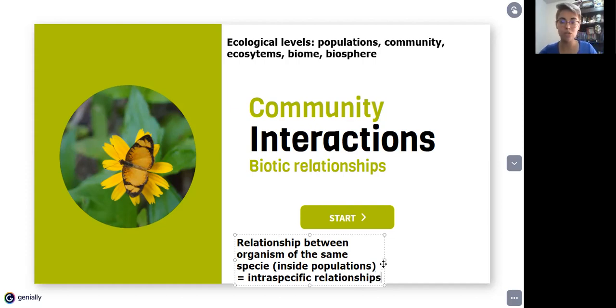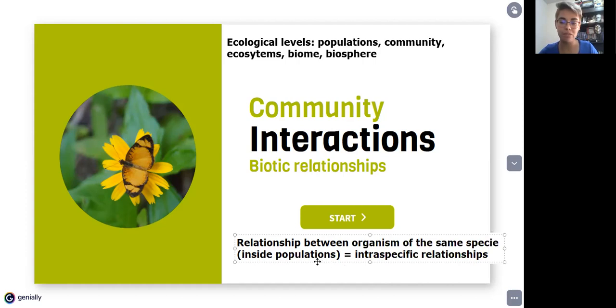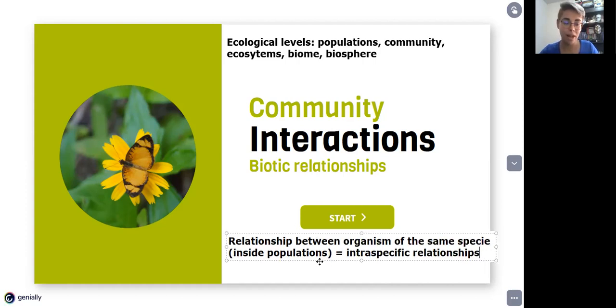This is important because we're talking about things that happen inside the same population. What happens when an elephant interacts with another elephant? What happens when a dog interacts with another dog? When a lion interacts with another lion? That's a type of intraspecific relationship.